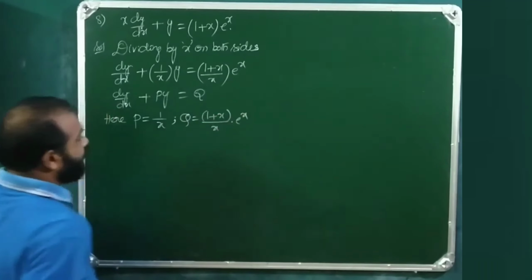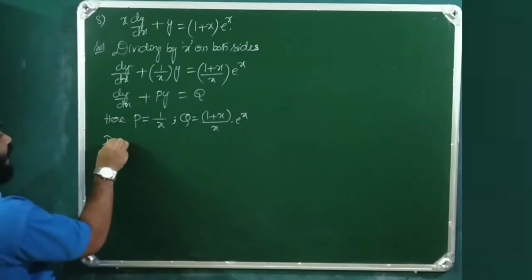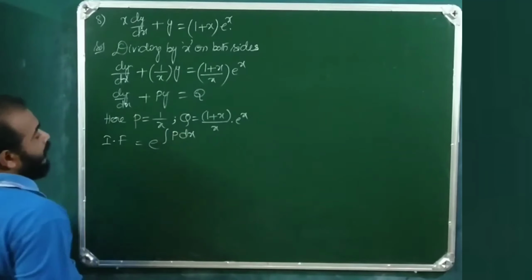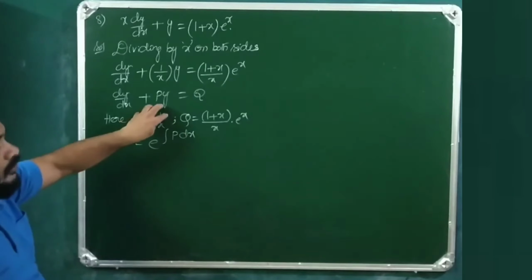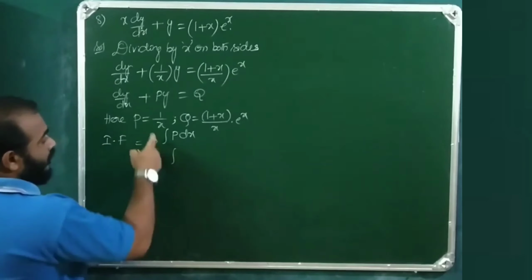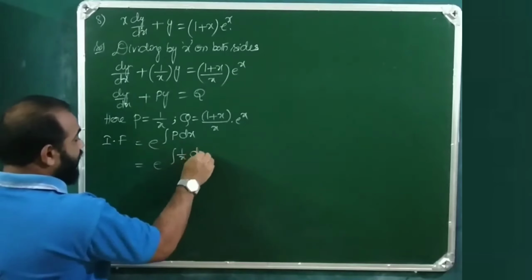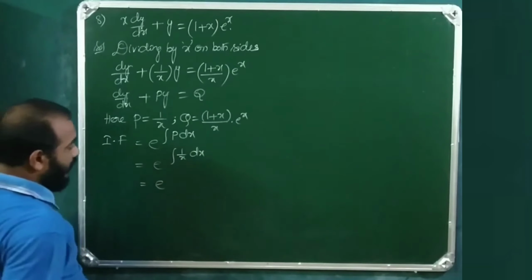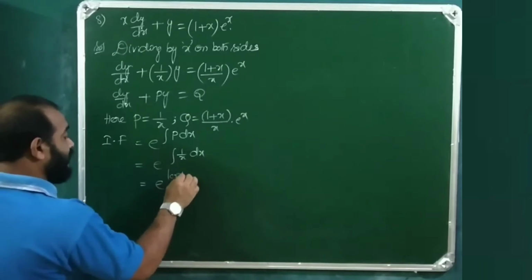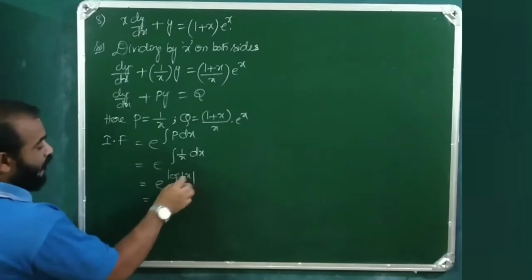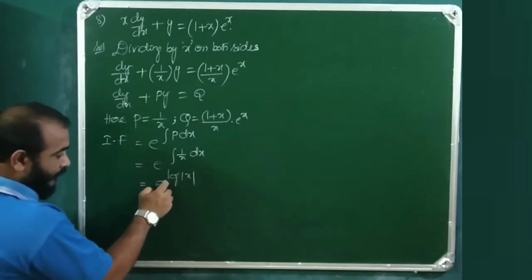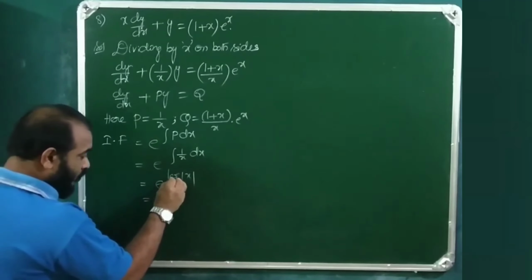So the integral factor IF equals e power integral p dx. Since p is in terms of x, we integrate with respect to x. So e power integral 1 by x dx. Integral 1 by x dx is log mod x. So e power log x is x, because e power log x to the base e.